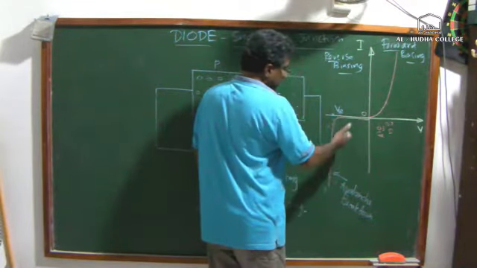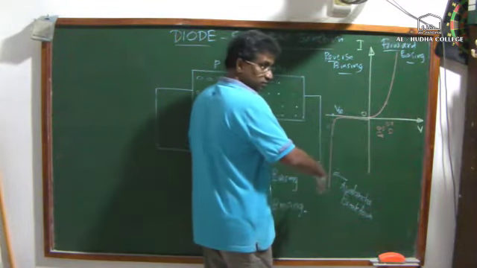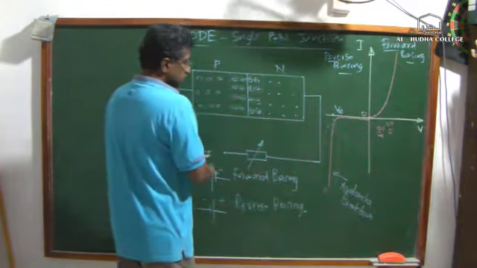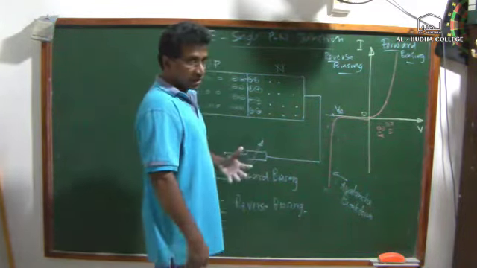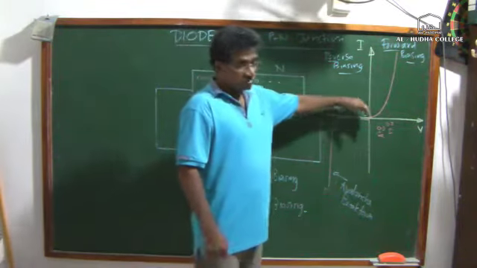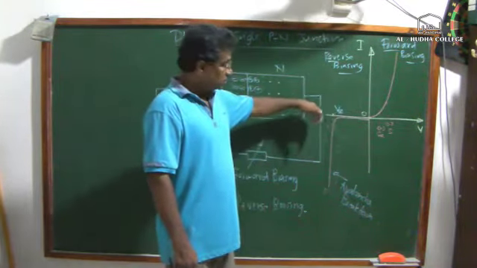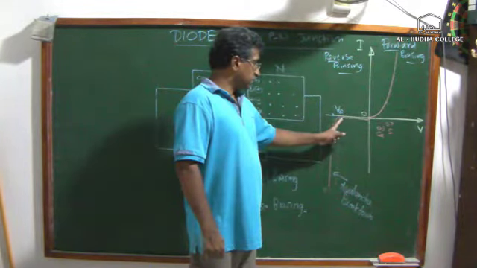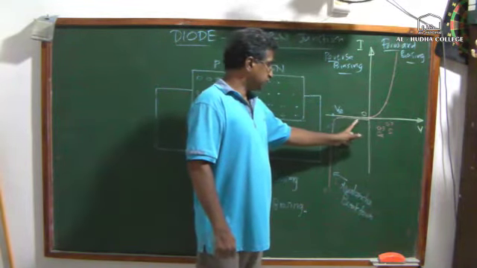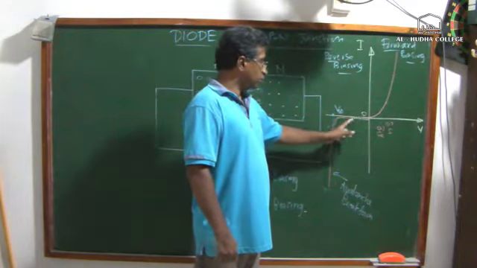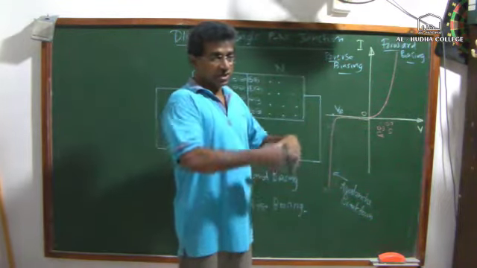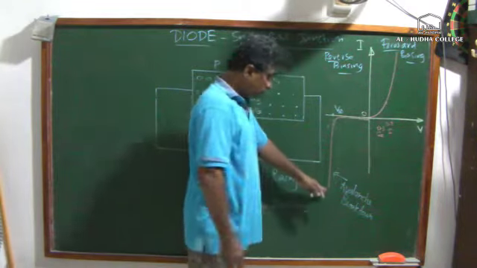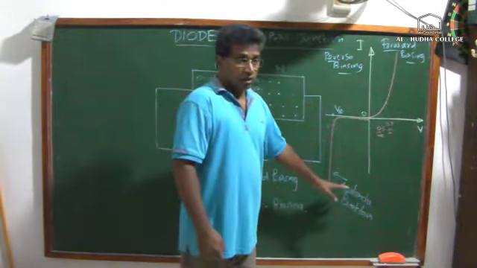But here, this is not the current we are supposed to generate. We want no current in the reverse direction, because in normal operation of the reverse bias condition, you don't expect a current. But if you keep increasing the voltage, this avalanche breakdown takes place because of the small saturation current. Those electrons start bombarding other electrons and suddenly release a lot of electrons, causing the breakdown. This is called a non-reversible condition.